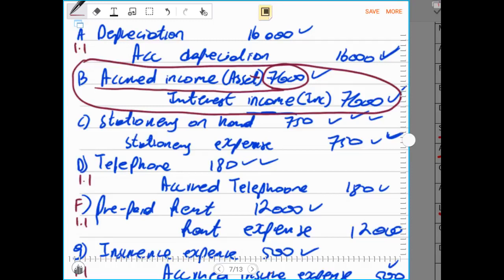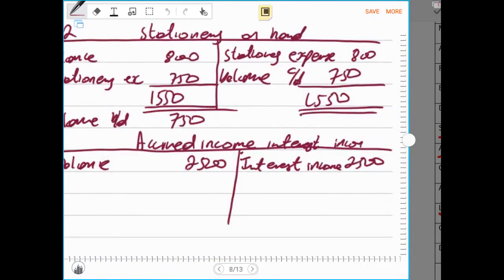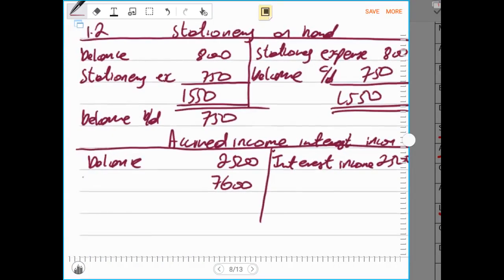And I said this is an asset. So now we debit our accrued income by 7.6. Contra entry will be interest income.